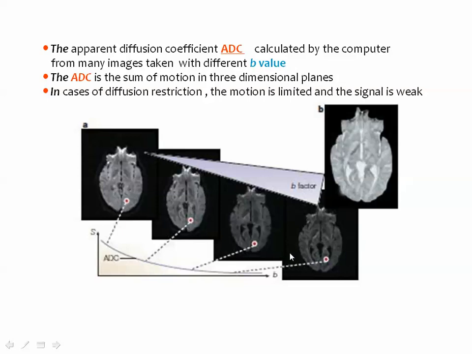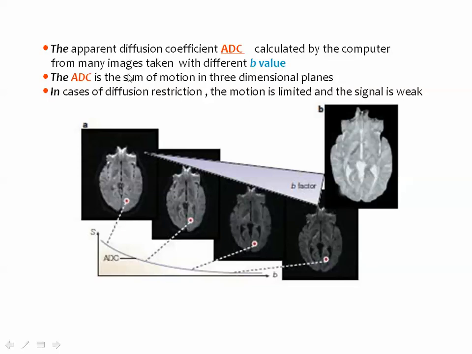You start by b0, which is exactly T2, and you may obtain images at b100, b200, b300, and so on. Then the computer will look at these images and calculate the apparent diffusion coefficient.